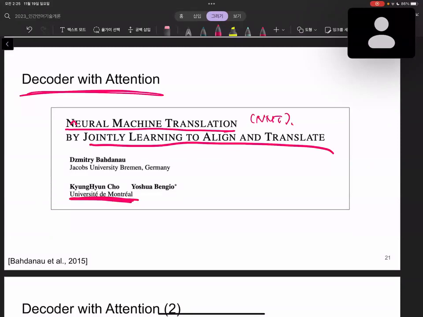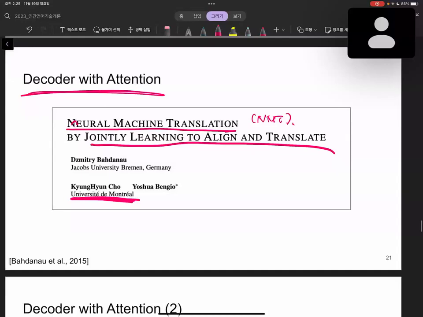So in this NLP domain, this University of Montreal is one of the first institutions that introduced a very important milestone for NLP.